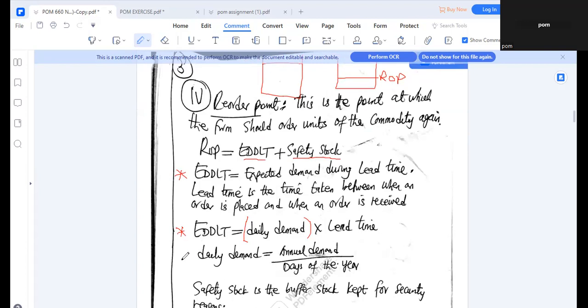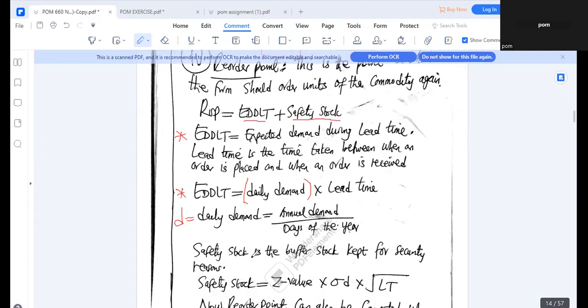Our daily demand, a small d, is equal to annual demand divided by the days of the year. That is the daily demand.